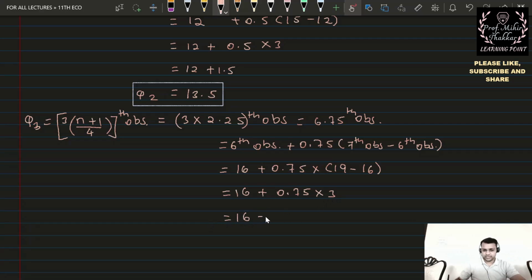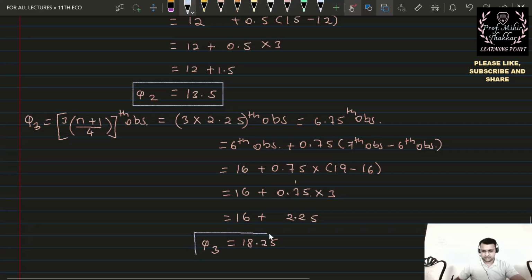So let us multiply this. 5 into 3 is 15, 1 carry. 7 into 3 is 21, 21 and 1, 22. So it is 2.25. So you get the required value for Q3 as 18.25. Is that very simple, guys?